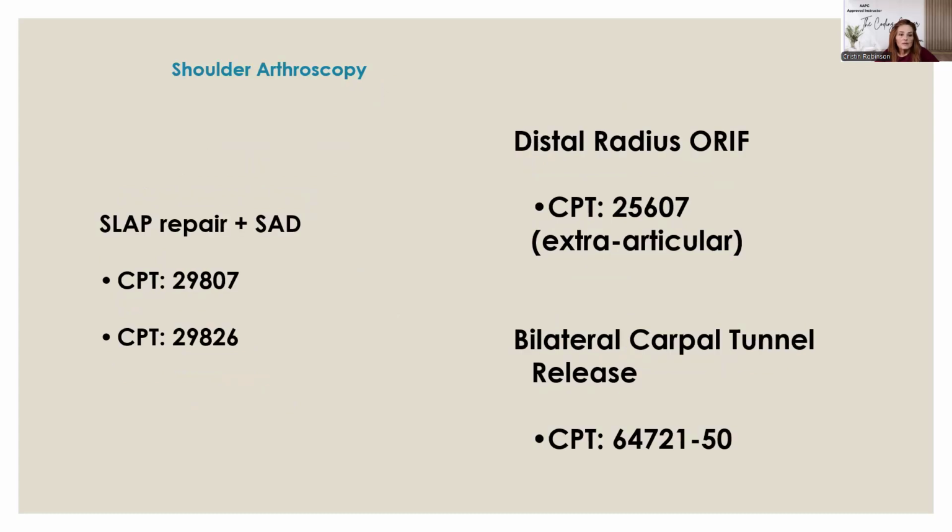Shoulder arthroscopy, SLAP repair plus the SAD are CPT codes 29807 and 29826. Distal radius ORIF, CPT code 25607 for extra-articular. And bilateral carpal tunnel release, CPT code 64721 with a modifier 50.